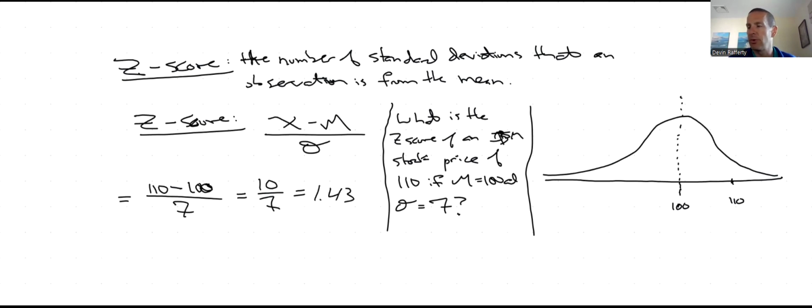I'm rounding up. It's 1.428. I'm rounding to 1.43. So in other words, I convert my 100 to 0, and then my 110 gets converted to 1.43.